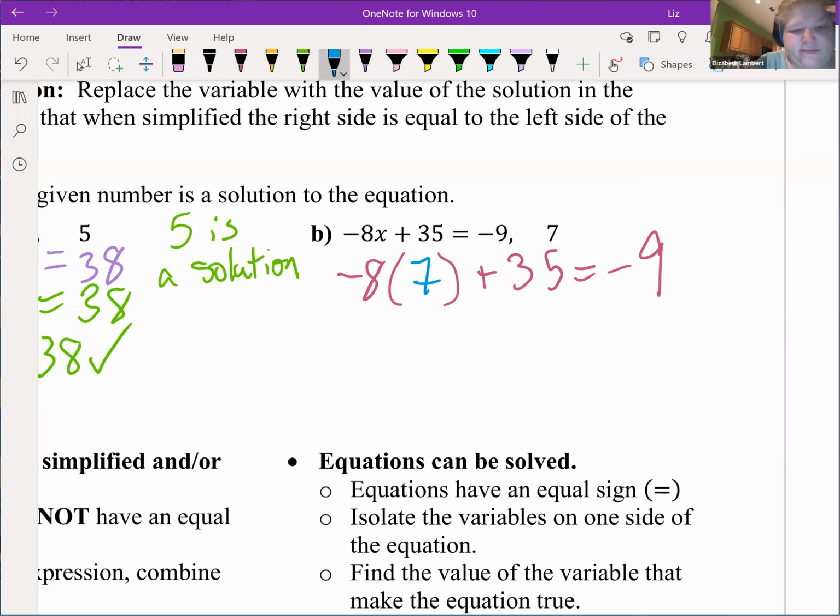But negative, so -56 plus 35. All right, so 35 positives cancel out 35 of the negatives. So I subtract those 35 off, and that leaves me with 21 negatives.